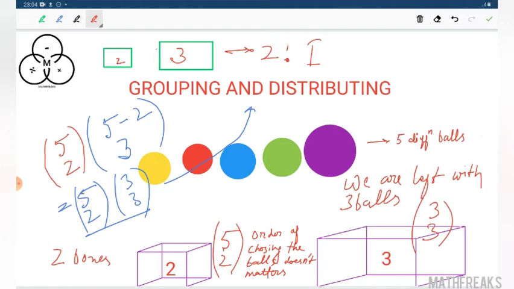We can say arrangements of groups, because these boxes denote groups. Boxes are equivalent to groups, and they can be arranged among themselves in 2 factorial ways.